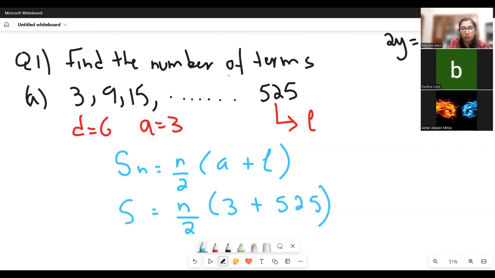You also don't know what's the sum of all these terms. So there are two missing values there. Sn is not there and n is not there. So you can't use this equation. ठीक है, या तो सम गिवन होता तो फिर हम ये इक्वेशन यूज कर लेते. सम इज नॉट गिवन, सो देन वी कांट यूज दिस.